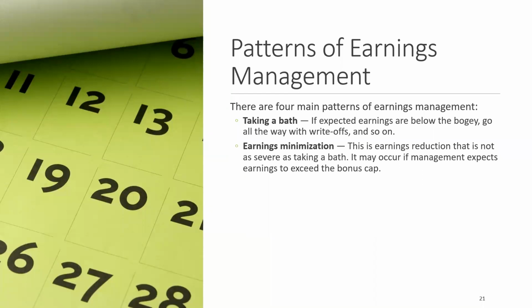So, if you look at the other end, if the company is doing so well that the profit is fairly high, but now we are possibly expecting that the bonus cap might be exceeded. Remember, the cap is the maximum beyond which no bonuses will be paid. So let's put some money in the bank. Let's lower the earnings number as much as possible. And so what's going to happen? We are going to use accruals, right?